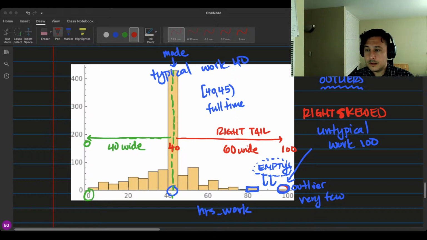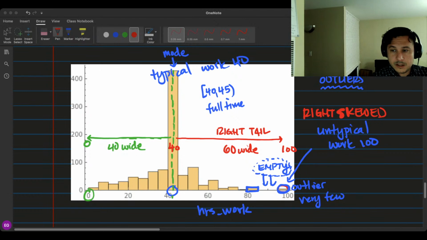Okay. So I'll give you a moment to write that down. I'm going to get another histogram going. Just give me a second.